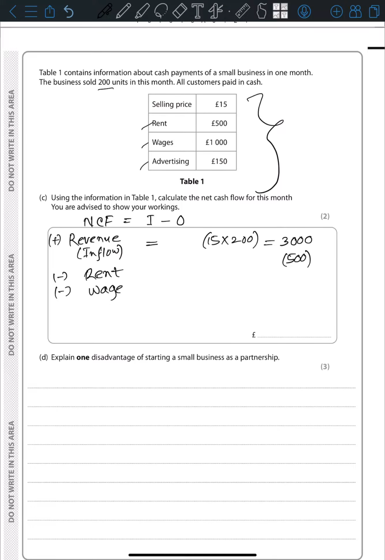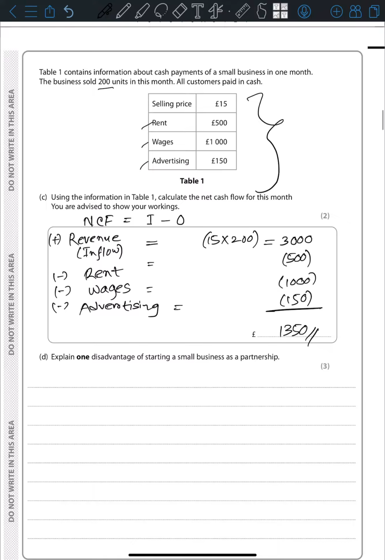Wages are an outflow again, so that is a 1000 minus advertising is 150. So 3000 minus 500 minus 1000 minus 150 gives us 1350. This is my net cash flow. So it is very straightforward. Just add your inflows, subtract your outflows, you have the net cash flow.